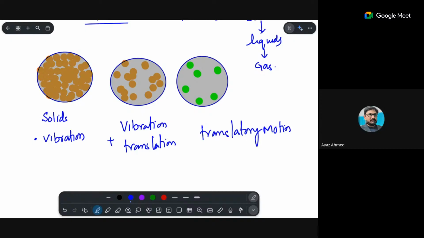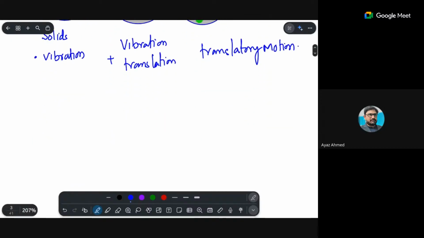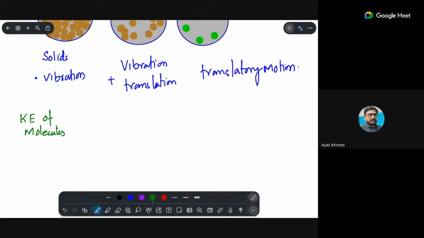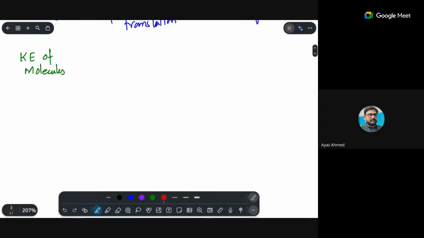There are two types of energies possessed by bodies whenever we consider them: one is the kinetic energy of molecules, and the second is the potential energy of molecules.